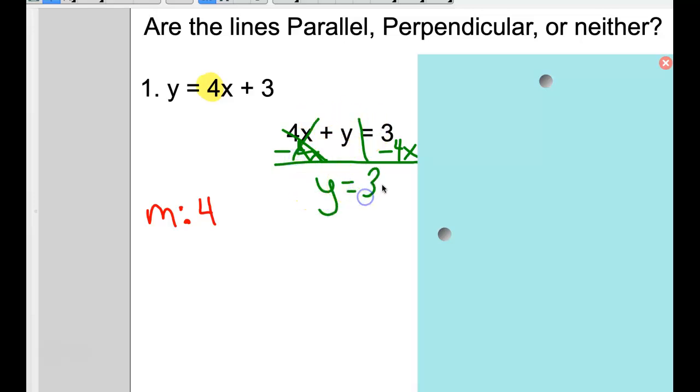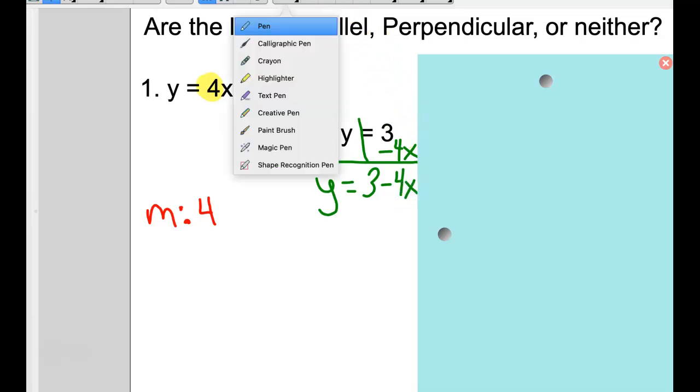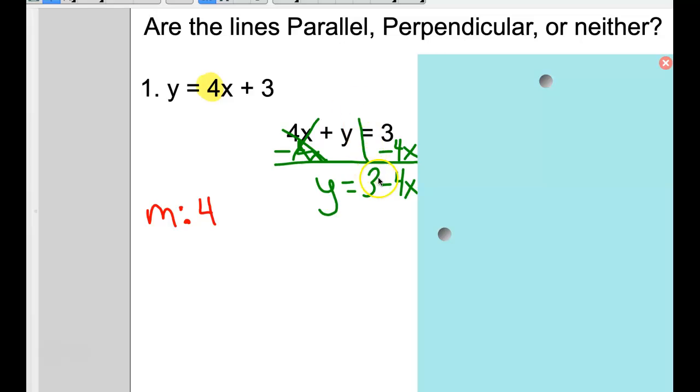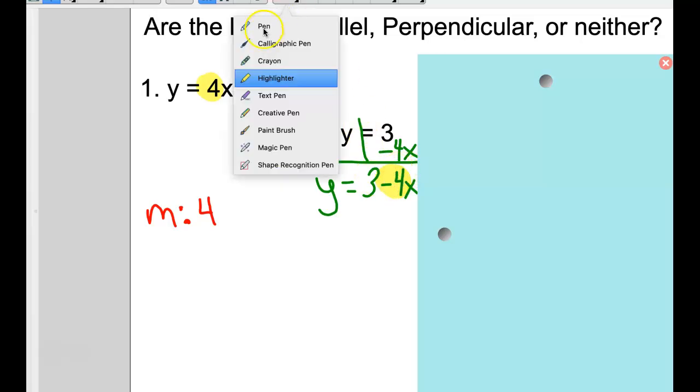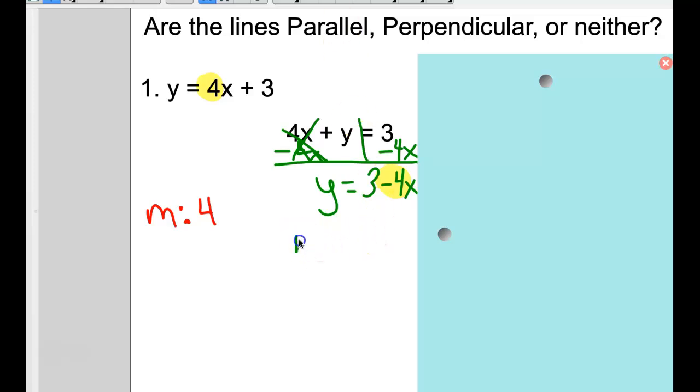On the right-hand side, I have my 3 and my minus 4x. So I know then what my slope is. That slope is the number in front of the x, which is -4 for this one. My slope for my second one is -4.